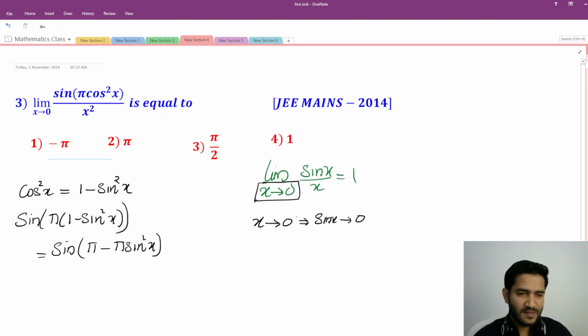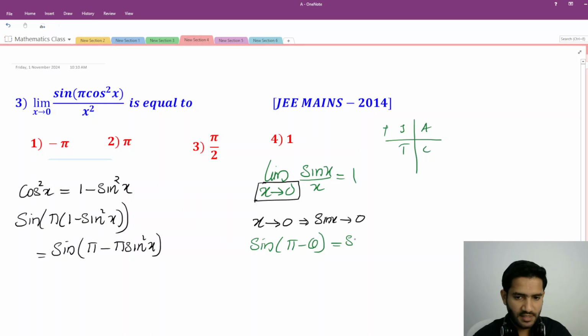Again, from the trigonometric result, sine of (pi minus theta): pi minus theta is in the second quadrant. All students take coffee, so in the second quadrant sine is positive. So sine of (pi minus theta) gives sine theta.